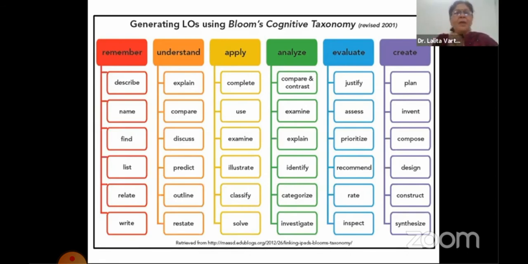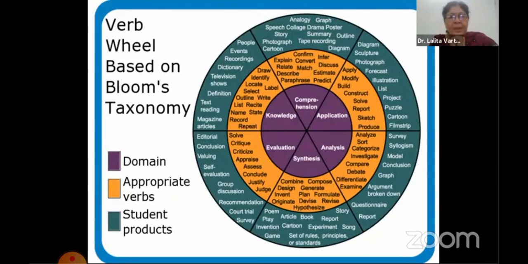There is one more figure which I would like to show you, and in that you will understand that at the center we have the different domains or the levels of Bloom's taxonomy. Then after that, you have certain verbs which are associated with that particular domain. And in the third, which is very important, we have student products.